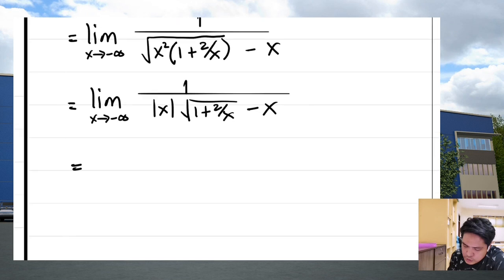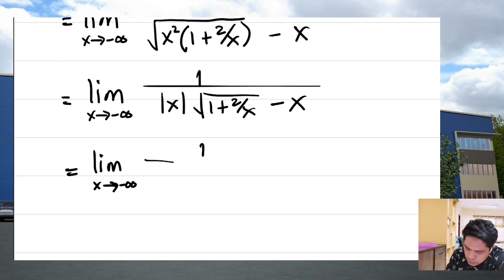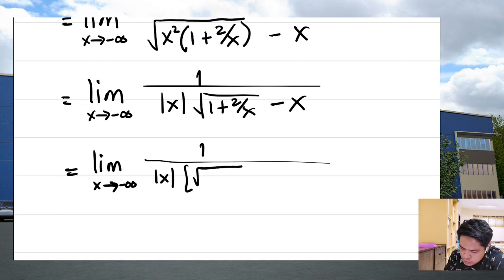Okay, that is one approach. So let's do that. So, we'll have the limit, as x approaches negative infinity, of 1 over, we factor out the absolute value of x. Okay, so this becomes the square root of 1 plus 2 over x, then minus x over absolute value of x.